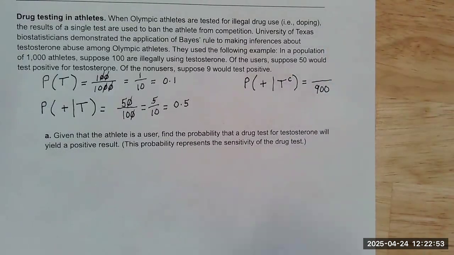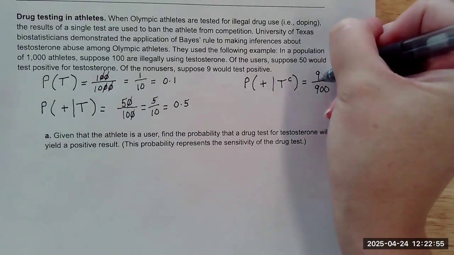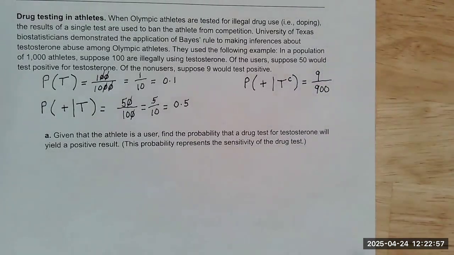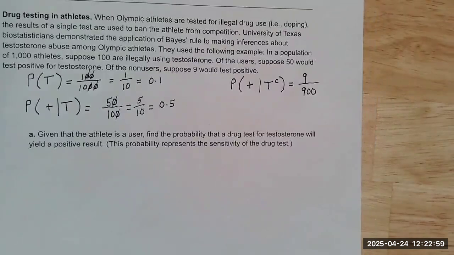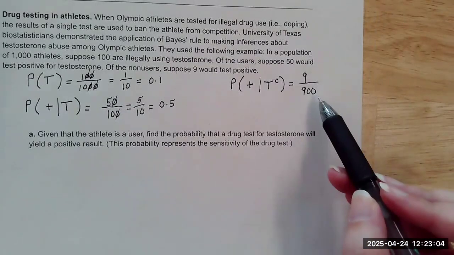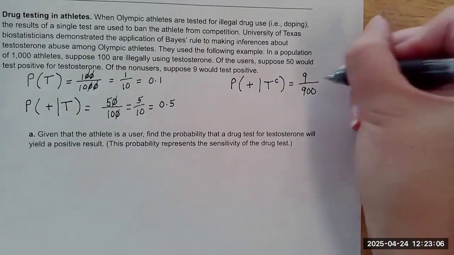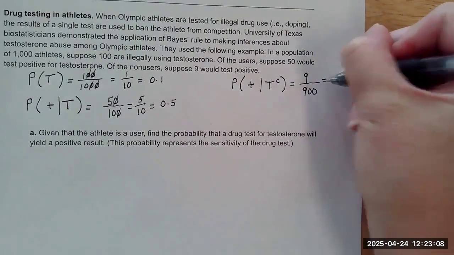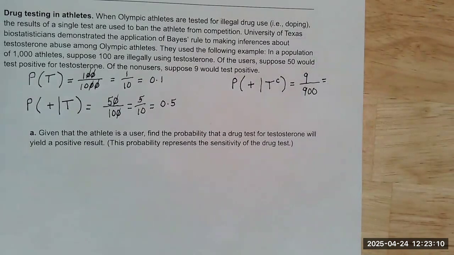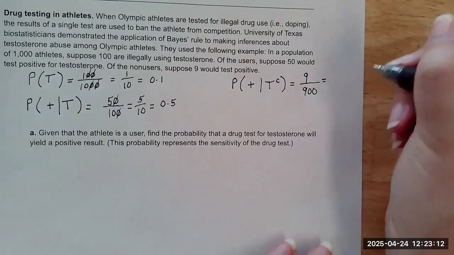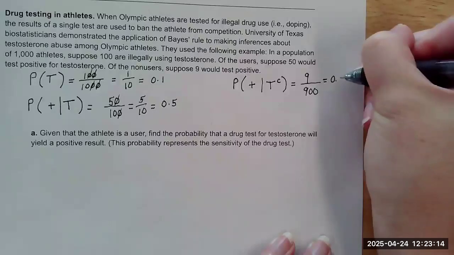And it says that 9 of those tested positive. So we're going to put 9 over 900. Is that okay? I can't cancel out any zeros in common on this one. So what's happening is you are dividing by that 900, and that's going to give you 0.01.